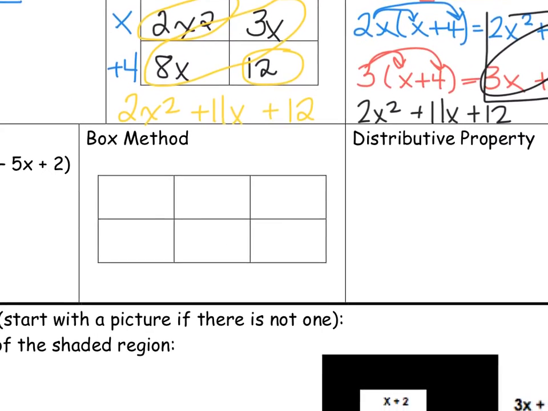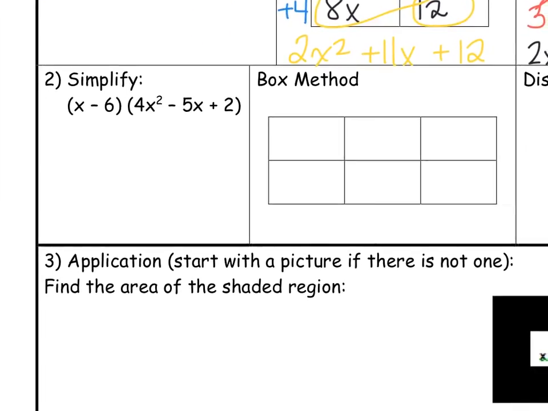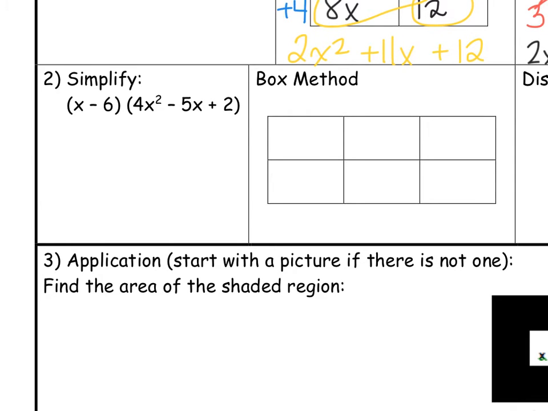This box method and the distributive method can be used with expressions that need to be simplified that have more than two terms in one or more of the sets of parentheses. So this box is set up with the x minus 6 going here, and then each of those terms, the 4x squared, the minus 5x, and the plus 2, get written on top.